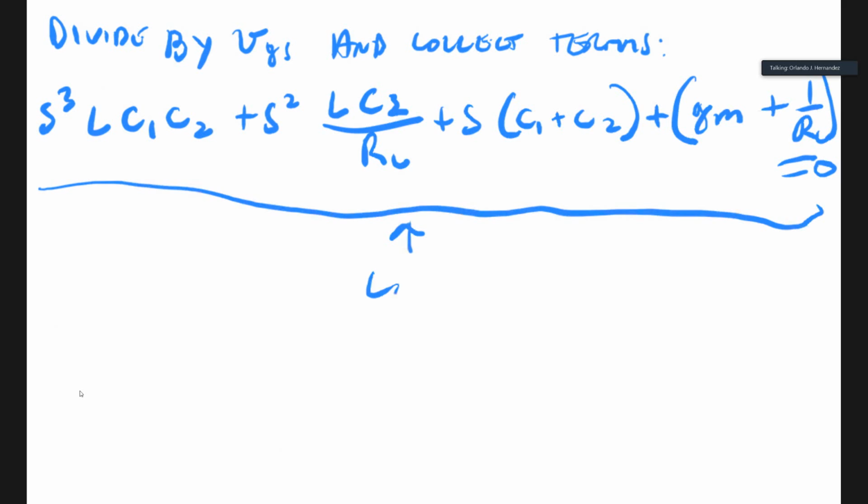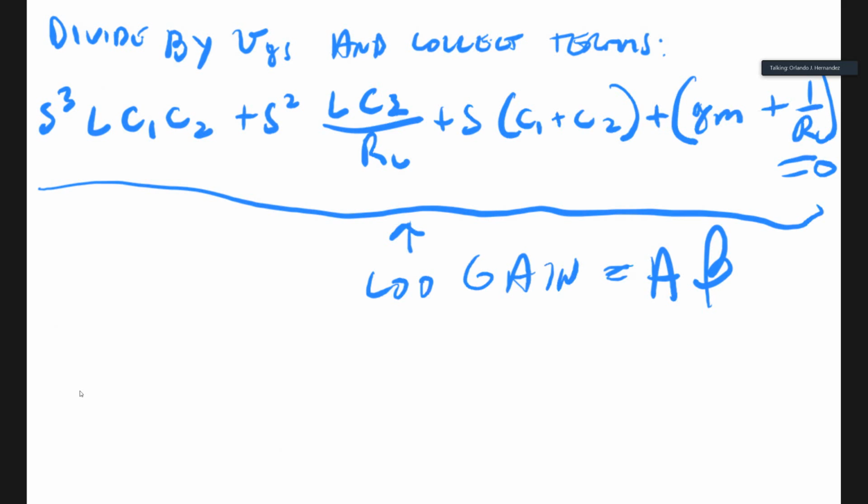That is the loop gain. So we get a nice polynomial in S, a third order polynomial.